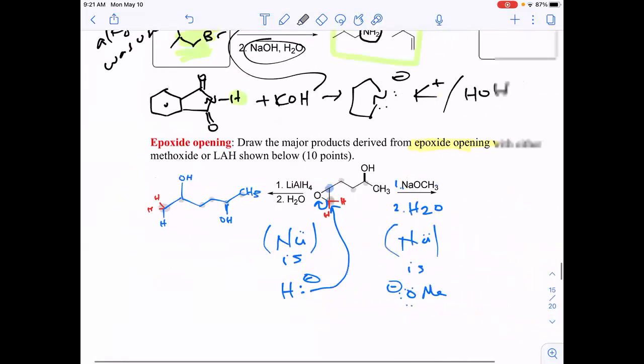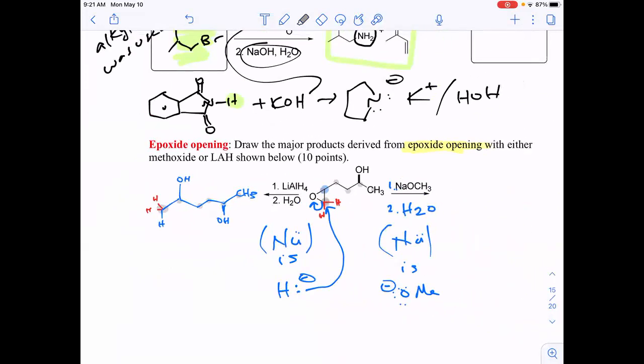It's the same again. It's under neutral conditions, so the epoxide is going to be opened at the least substituted site. What would the other product look like? If we kept this same structure, because we can literally keep this same structure but swap out the nucleophile. What would the other product look like?